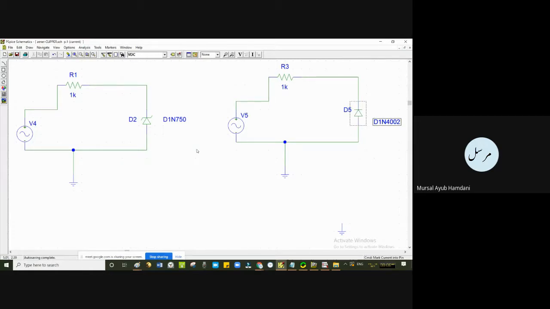Yeah, so on the right hand side I have made a similar circuit using just a simple diode, while as on the left hand side I have used a Zener diode. Remember, D2 is the Zener diode and D5 is the common diode, simple diode. So now obviously let us then see the differences between the two and simulate.